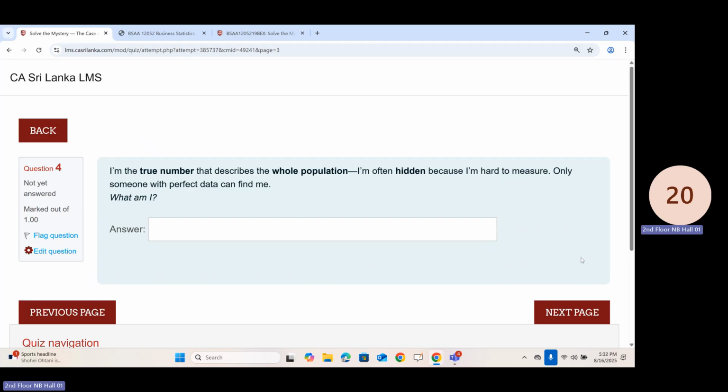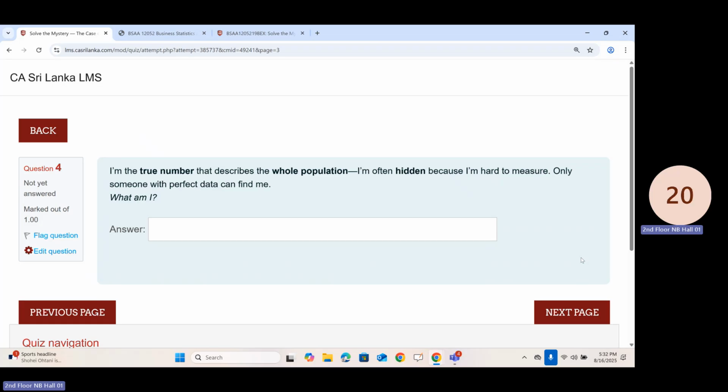Read it carefully, then you can get the answer. I am the true number that describes the whole population. I am often hidden because I am hard to measure.